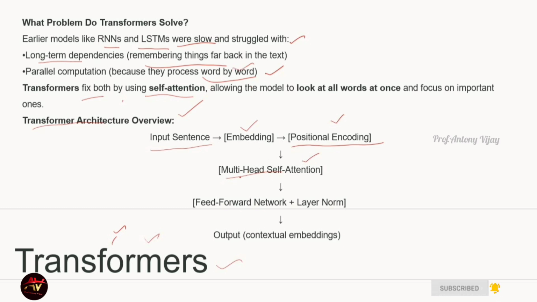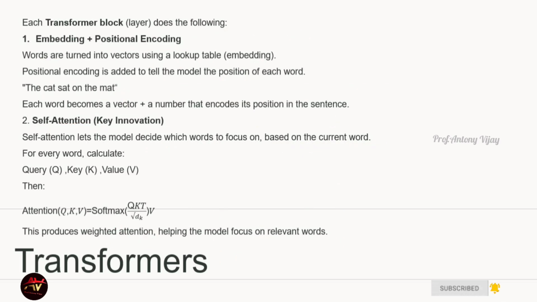Then we apply a feed forward network plus normalization, where unnecessary words are normalized. Finally we get the proper predicted word. This is what is called a transformer. So in the first layer we have seen embedding plus positional encoding.